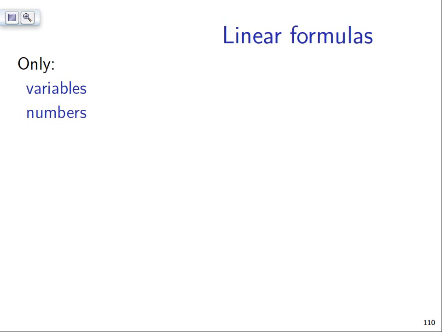We have variables and numbers. We are allowed to multiply a number with a variable, but not a variable with a variable. So we are allowed to have 2x, but not x squared. We're also allowed to have addition and subtraction and the usual arithmetic comparisons. So those are considered linear formulas.